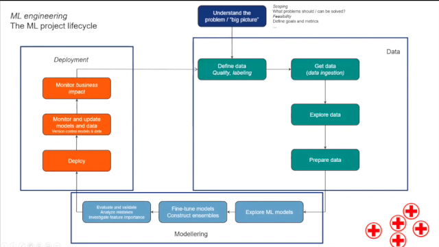Then you get the data that lives in some database likely, and explore it and prepare it. Then you get to the machine learning part, where you explore and maybe develop new models, figure out some good candidate models that you can apply to your problem or create some new ones.